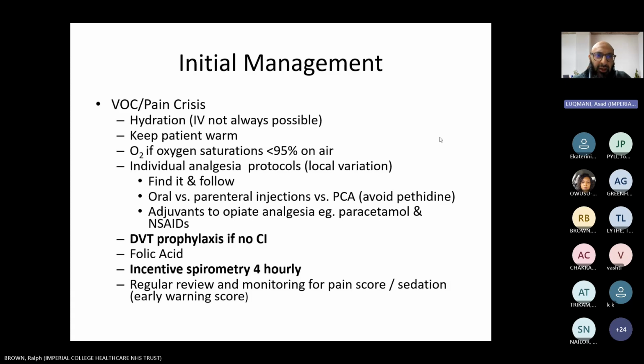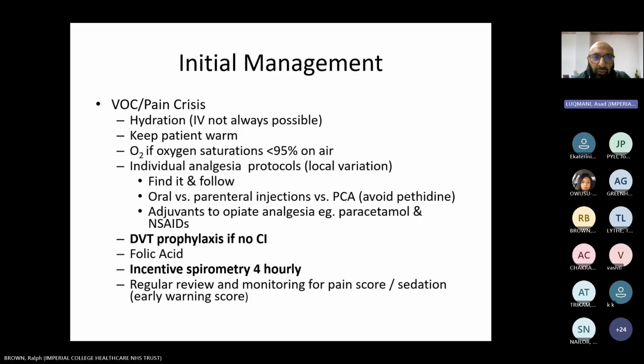So the patient should be given hydration, bearing in mind that in this group of patients, IV access is often quite challenging, and it may not be possible initially to secure IV access. Some patients may be able to maintain adequate oral hydration, but where that's not possible, then attempts should be made to secure IV access and give IV fluids.